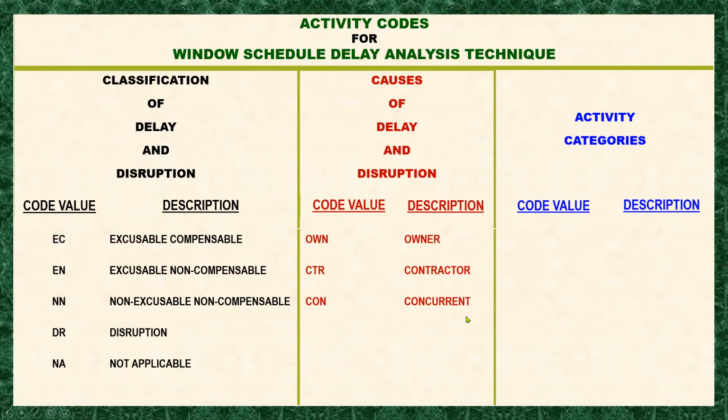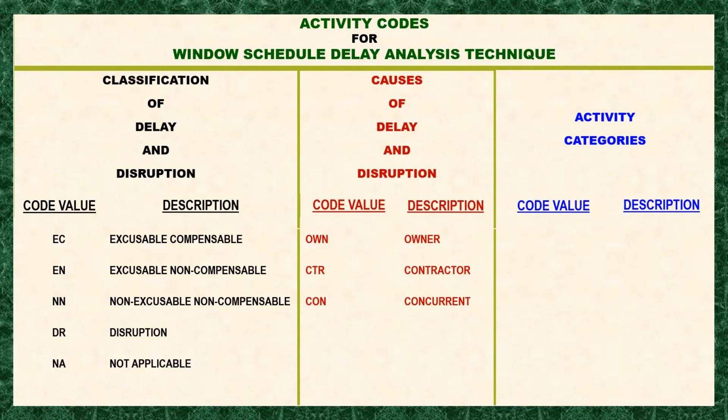For this one, both the owner and the contractor are liable for the delay, or they are the causes of the delay, in which the delay is more or less parallel. The delay occurs on more or less the same date, not a perfect date where the start and finish are the same, but more or less overlapping delays.